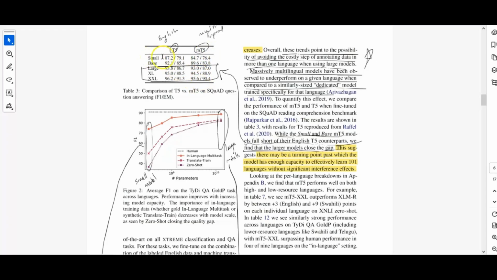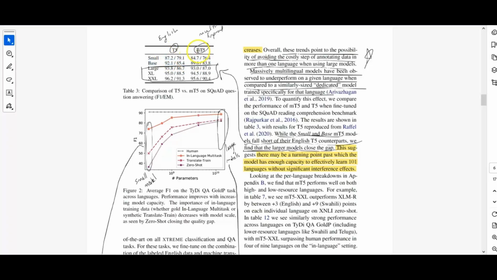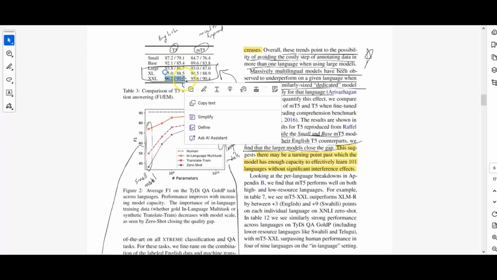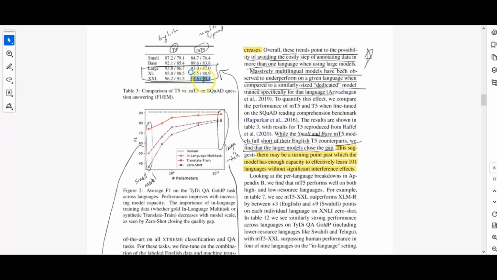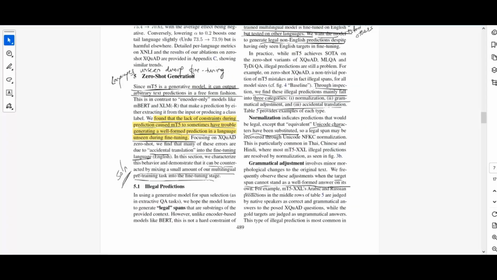When the models are small, as we see here, the specialized model such as T5 performs better on the English tasks compared to this multilingual version. However, as the model size increases, both of them, the one that is specialized on English and the one that is multilingual, tend to have similar performance.